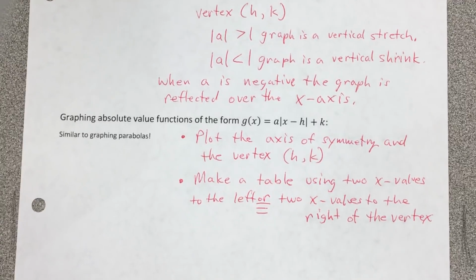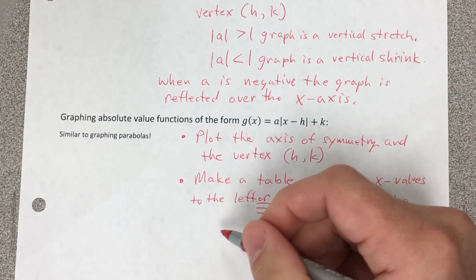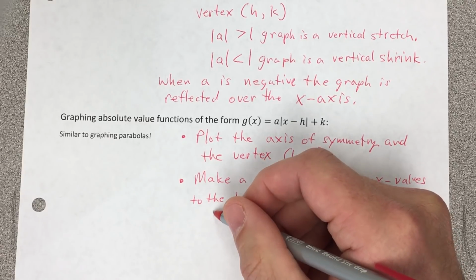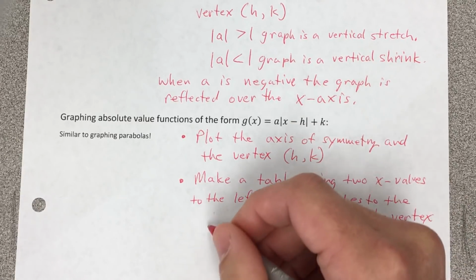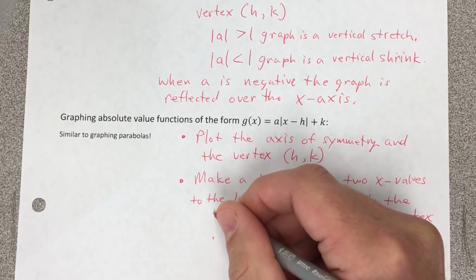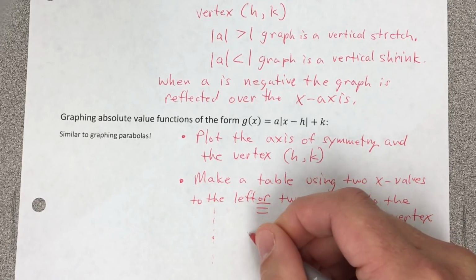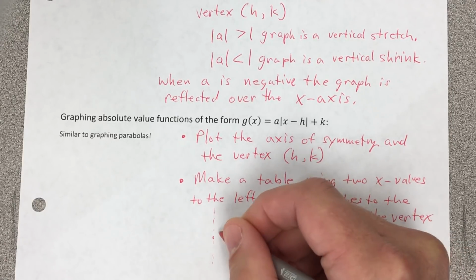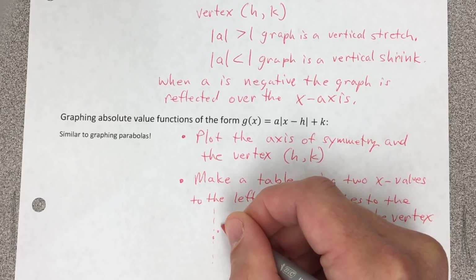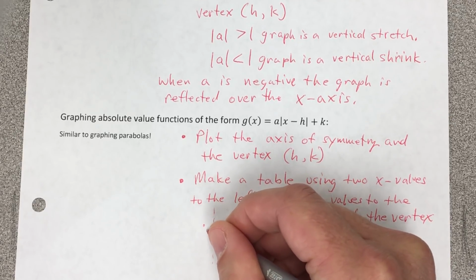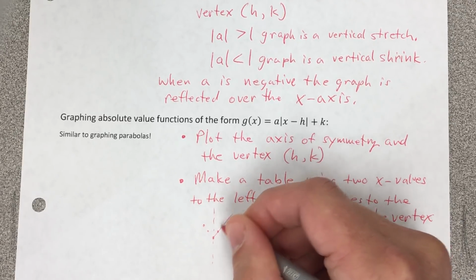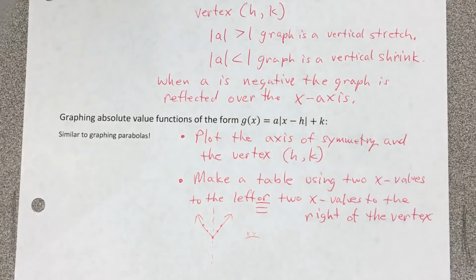The reason you're going to do that is, I'll make a little sketch here. You get your vertex, which gets you your axis of symmetry. Then when you make your table and you get two more points, either to the left or to the right, you can then reflect them across your axis of symmetry, and boom, you've got a graph and you're all done. So let's put this into action.